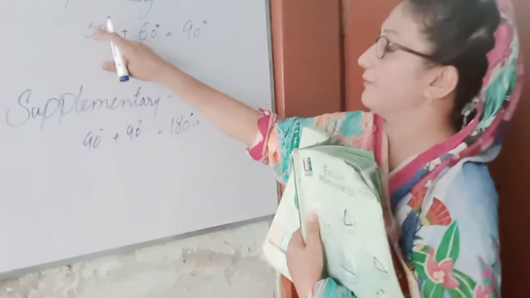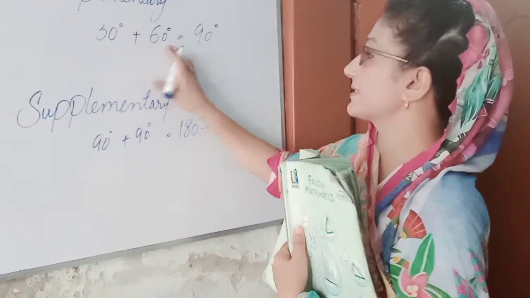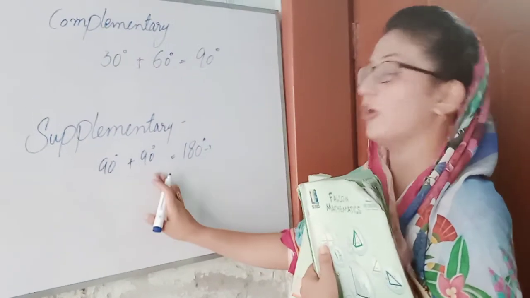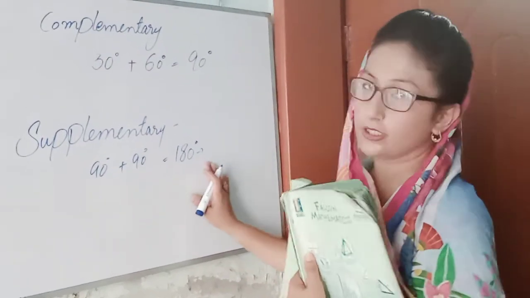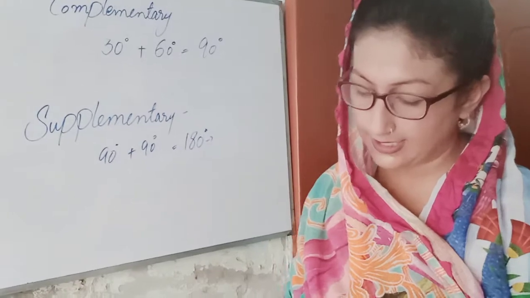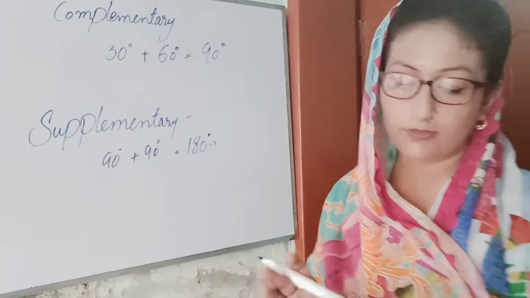Again, if the sum of angles gives the answer of 90 degrees, then it is complementary. If the sum of angles gives the answer of 180 degrees, it is called supplementary. I hope students there is no confusion in these exercises and you will solve these exercises.